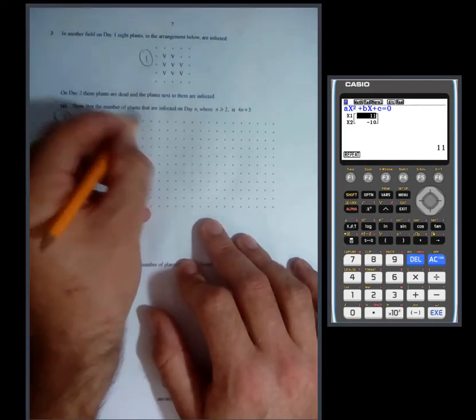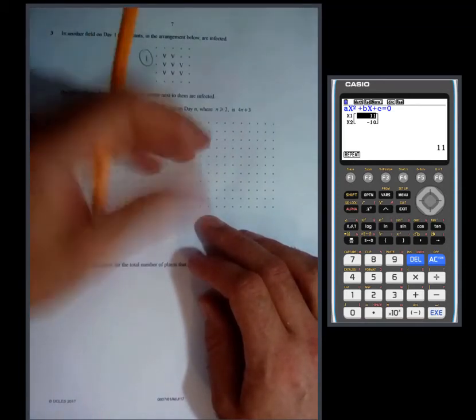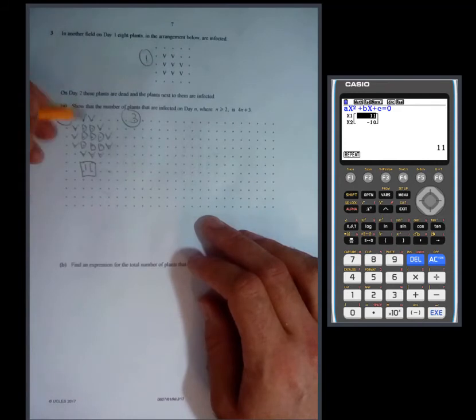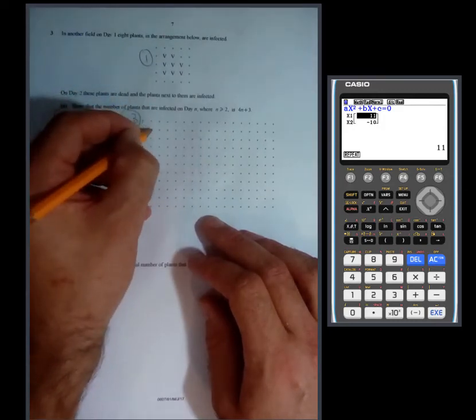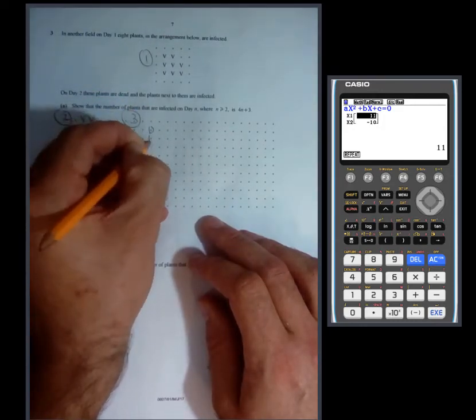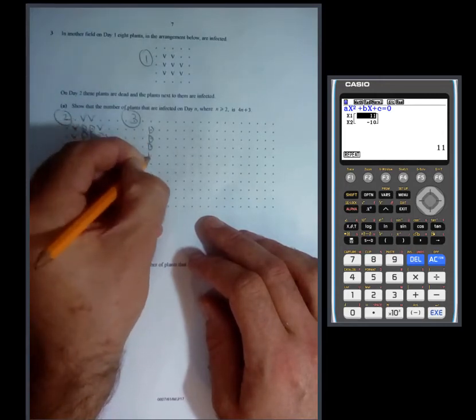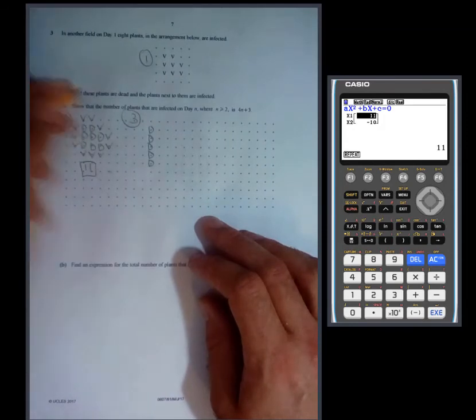So on day 3, all of these will be dead. I'm going to need a bit more room, so I'm going to go down 1. So I'm going to have 1, 2, 3, 4, 5 dead, like that. Give yourself room for a virus one at the top. Another 5 dead.